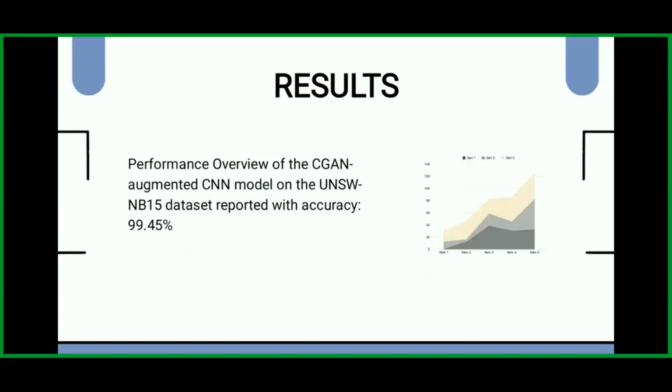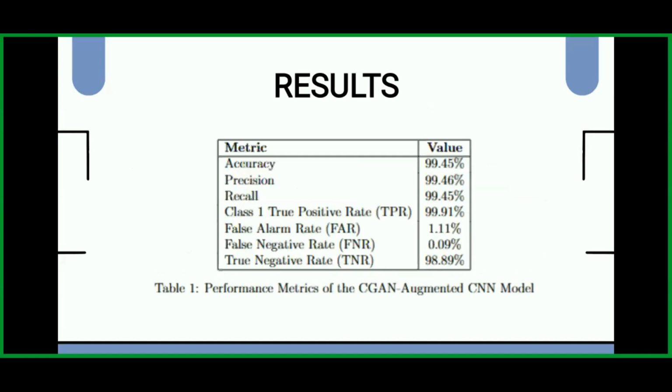This is the performance overview of the CGAN-augmented CNN model on the UNSW dataset, with an accuracy of 99.45%. Those are the results we got: accuracy, precision, recall, true positive rate, false alarm rate, false negative rate, and true negative rate.